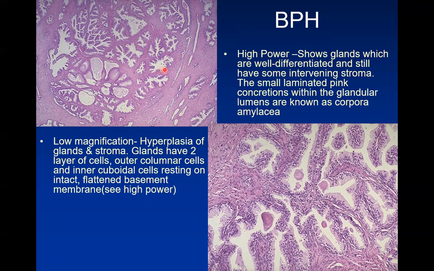Large glands in the prostate are a good thing, because only one variant of prostatic adenocarcinoma, very rarely, has large glands. The majority of variants of prostatic adenocarcinoma are small glands. When you start to see small glands, that's where you really need to worry in the prostate.